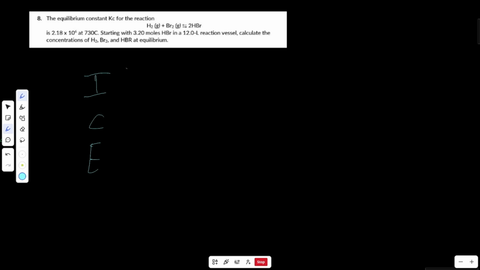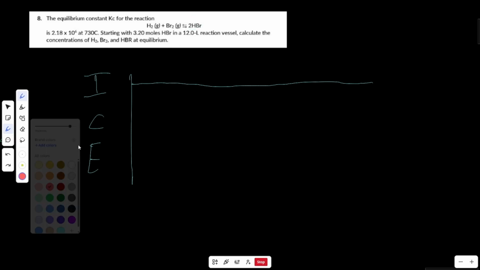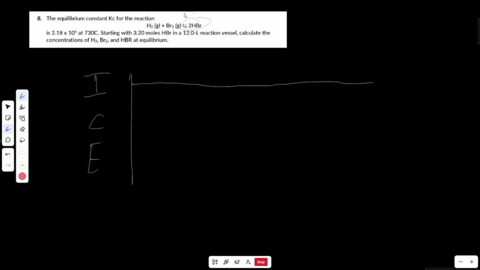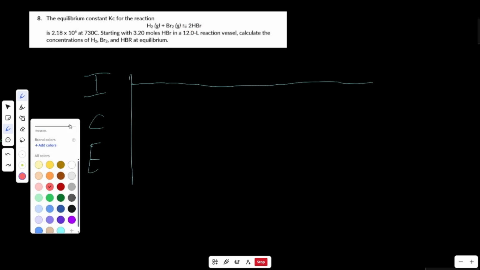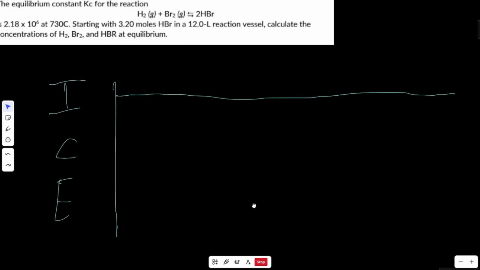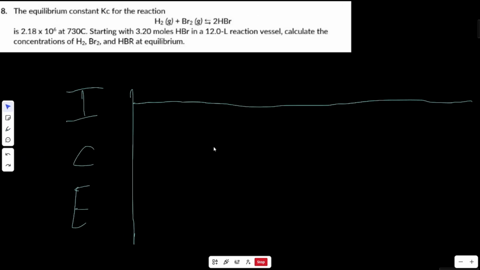And what's given to us first? The first thing given to us is HBr. Now HBr is on the right side. So that means what direction are we going? Since we're on the right side, we have to go towards the left. Let me zoom in a bit more so that we can make the lines clearer.